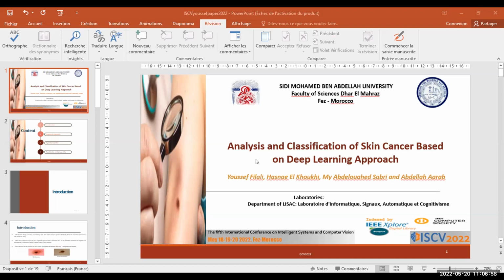First of all, for skin cancer, there are two big types, melanoma and non-melanoma.